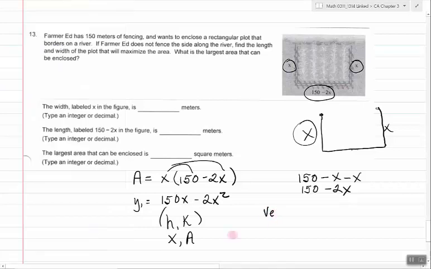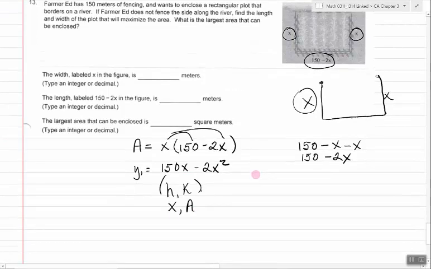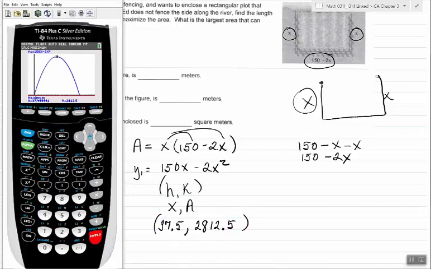The vertex, well, I can do it down here. It is 37.5, comma, 2812.5. Let's double check that. Okay.